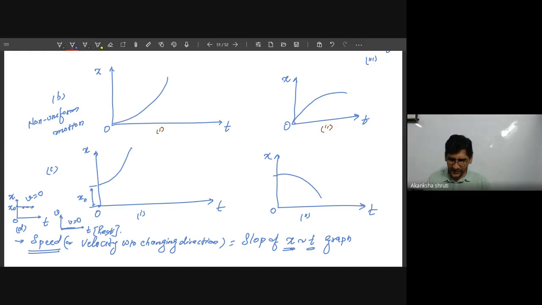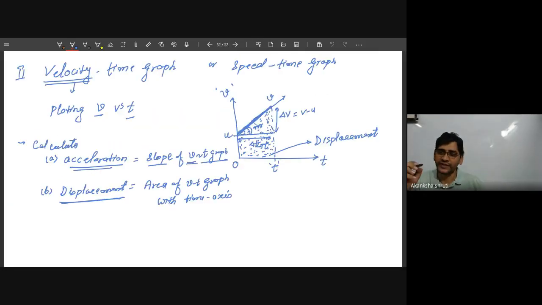How does this graph look like? We have already discussed earlier. So no more analysis, but the point that we have to keep in mind is that by calculating the slope of the xt graph, we can calculate the velocity. Now, if we come to the velocity time graph, in place of x, we have to replace this with v. V is plotted along the vertical axis, t along the time axis or horizontal axis.